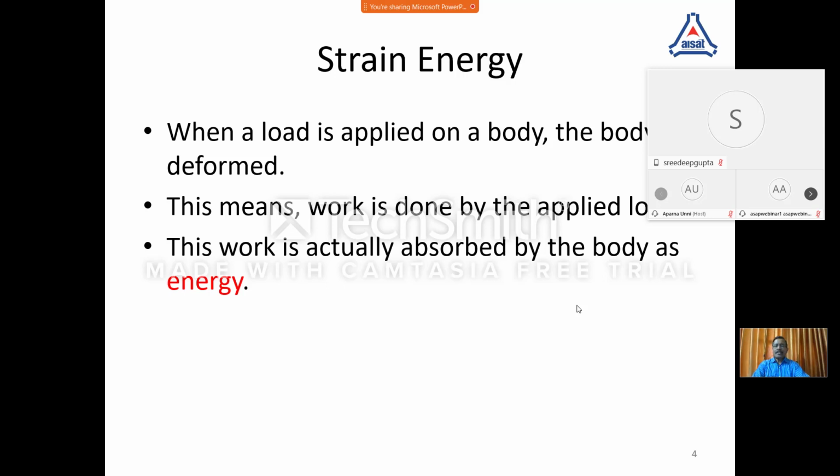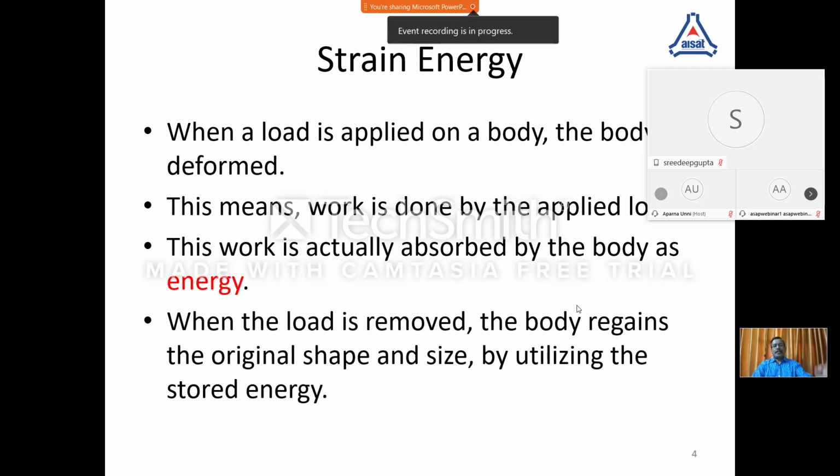During the range of elastic deformation, this is completely recovered when the load is removed. This energy is called strain energy, because when we apply the load, some strain is produced in the body and the energy is stored as strain energy. When the load is removed, the body regains the original shape and size utilizing this stored energy.